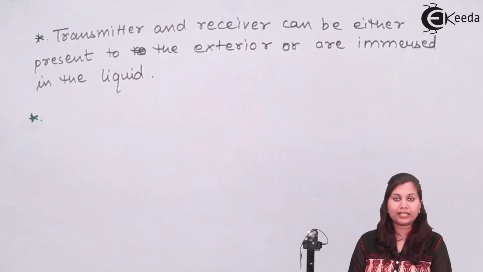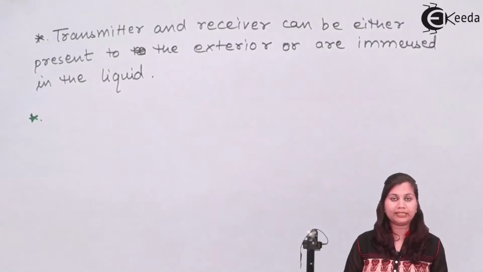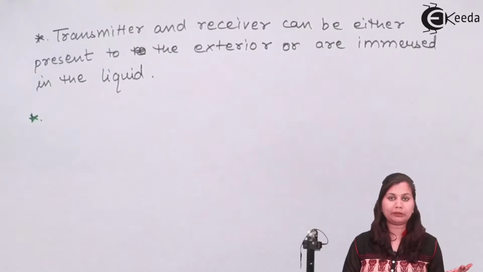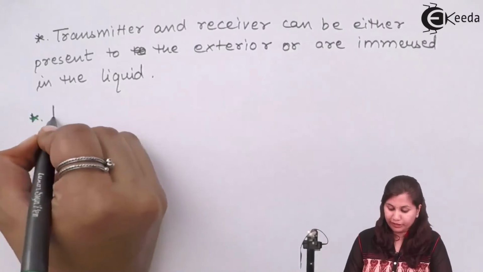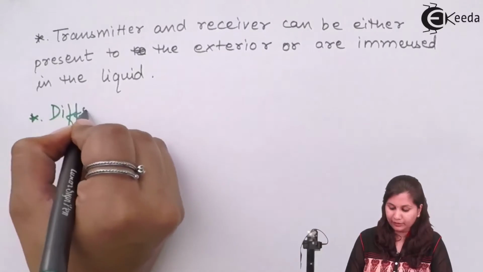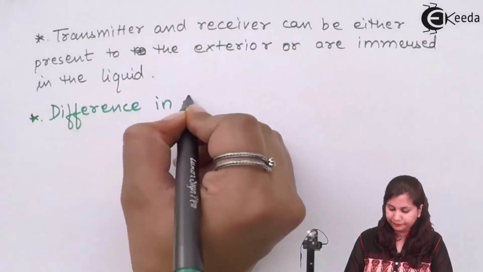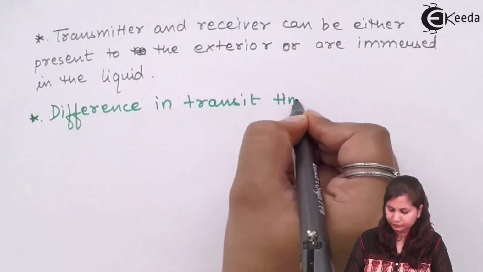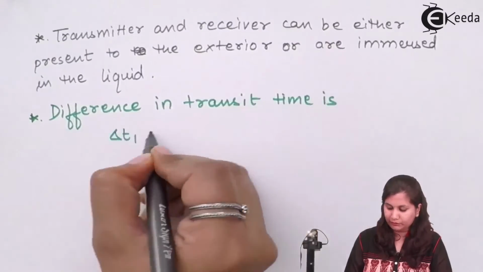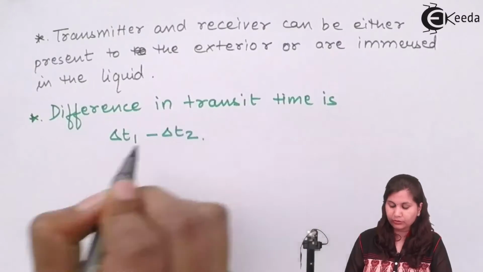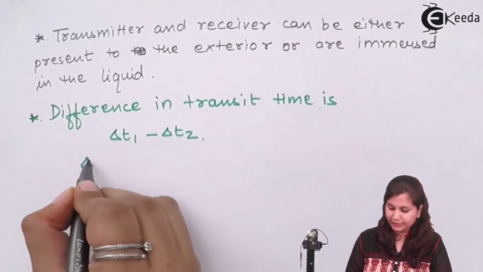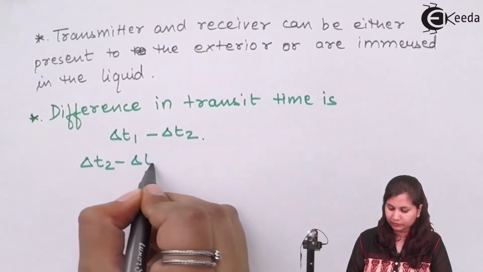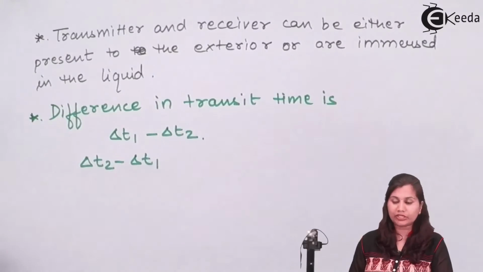Now, as I said, we can measure the velocity by measuring the transit time. So, we have calculated del T1 and del T2, that is the time taken in the upstream and the time taken in the downstream. The difference in the transit time is given by del T1 minus del T2, or we can say del T2 minus del T1, whichever is greater.